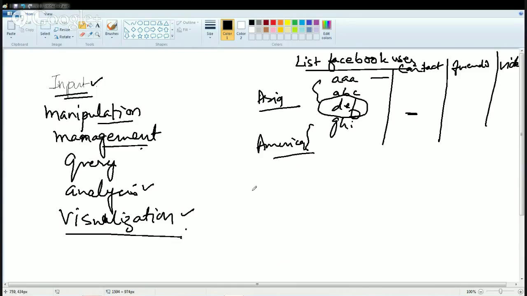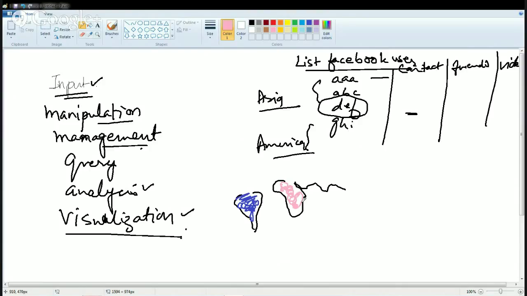Based on that, I can do a visualization, or I can show on a global map which regions have a higher proportion of users as compared to other regions of the world. I can mark in purple the regions which have more users, and show in pink those which have very few users. So that's one way of visualizing what I have understood in GIS. This is the basic process that is used in GIS.